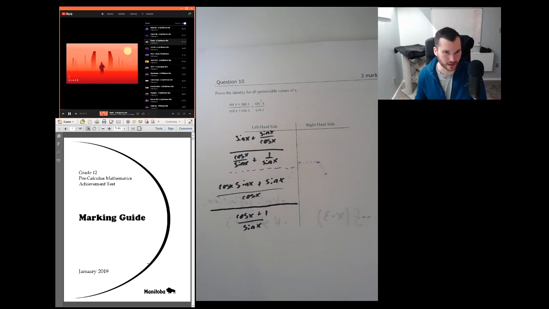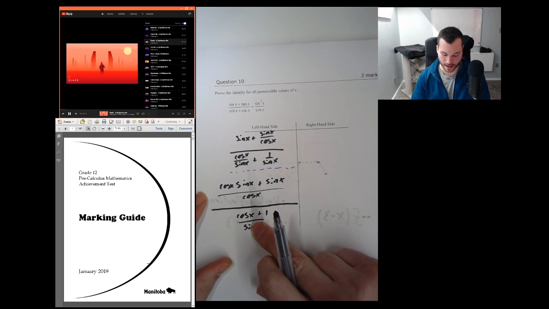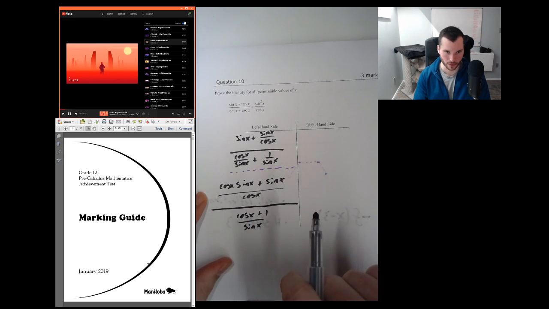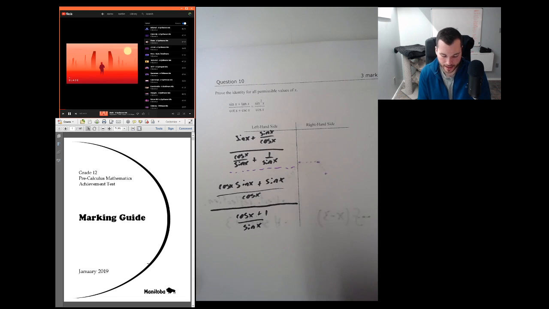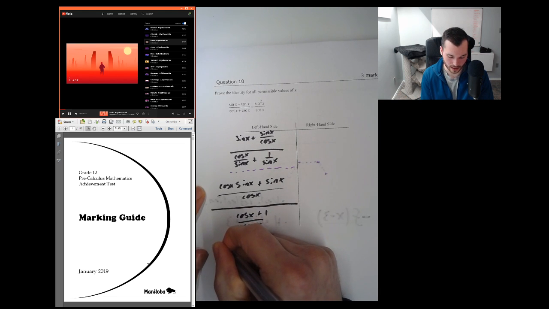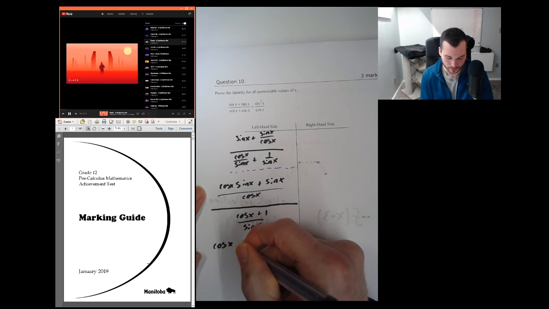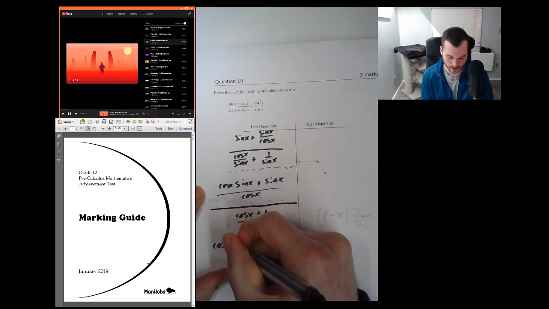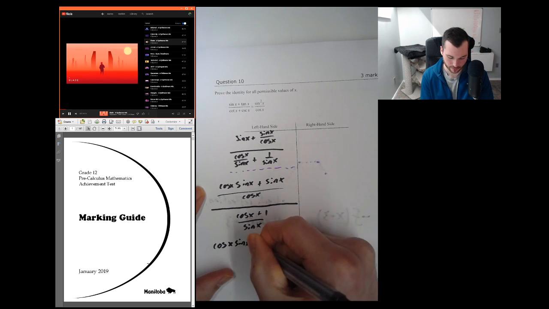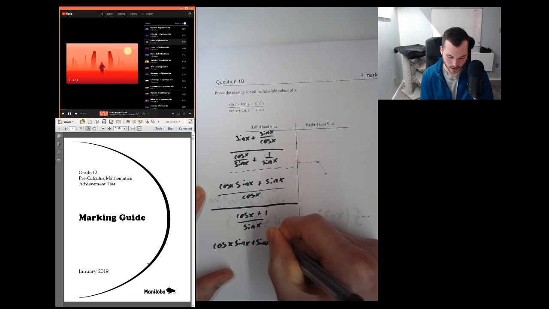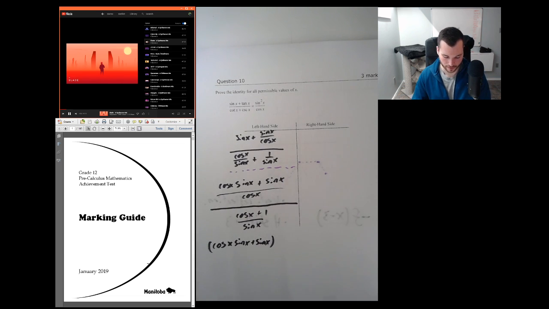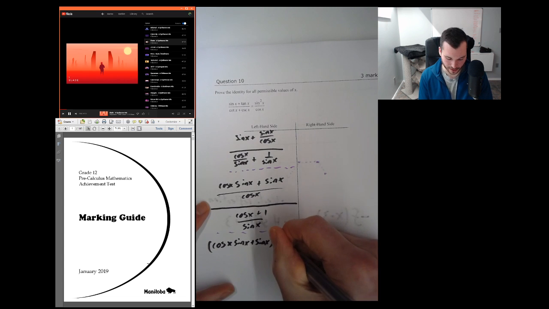Do the work off to the side, that's fine. I know it's this fraction divided by that fraction, and all I'm going to do is the reciprocal multiplication. It's going to end up being cos x times (sin x plus sin x), all multiplied by sin x.